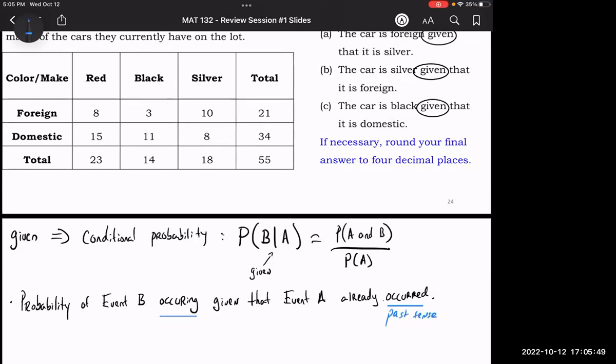So when you're dealing with past tense here, that means that event A, the first event, already went by. Now, event B is occurring. So that is present or future.